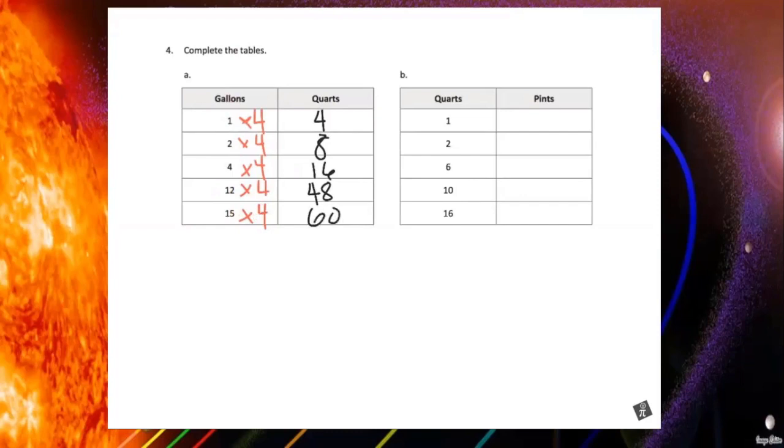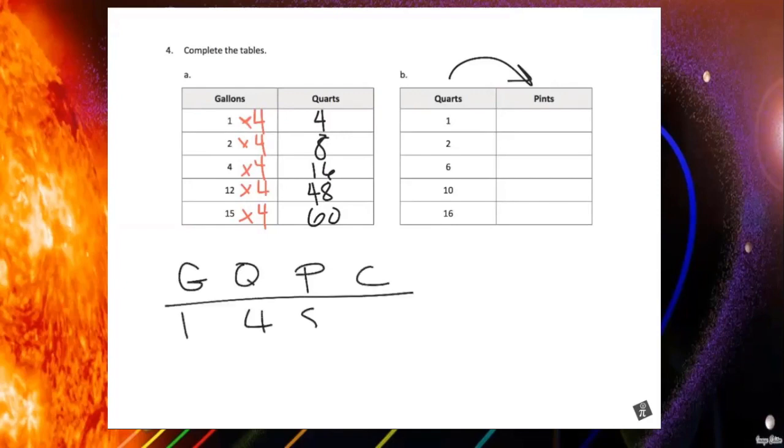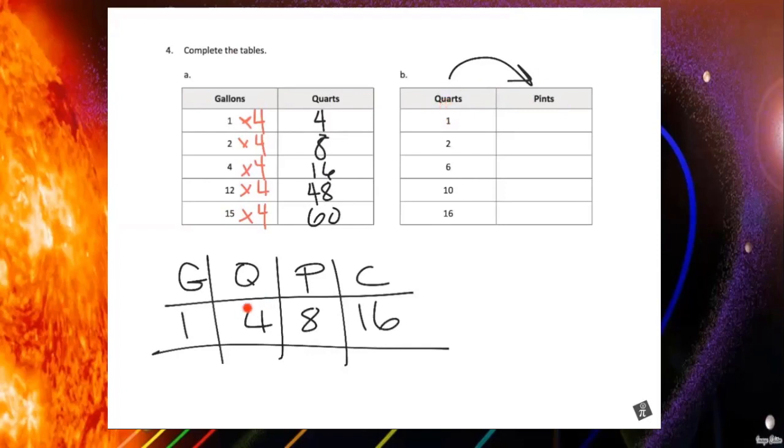All right, and now we're doing quarts to pints. Now remember, good queens prefer chocolate. 1, 4, 8, 16. So I want you to see, if we want to go from quarts to pints, how are the quarts related to the pints? If we were to only have 1 quart, how many pints would we have?